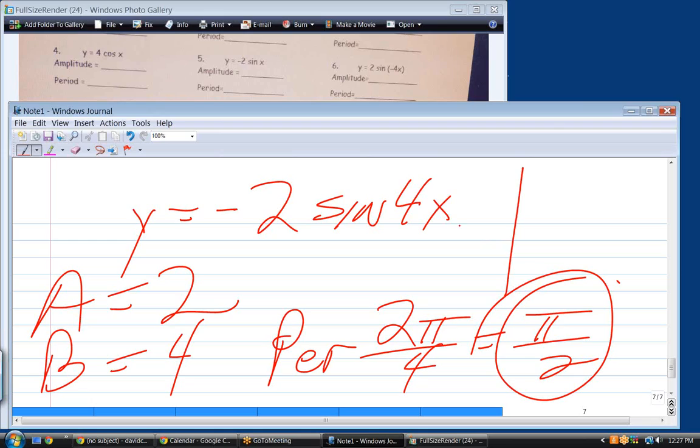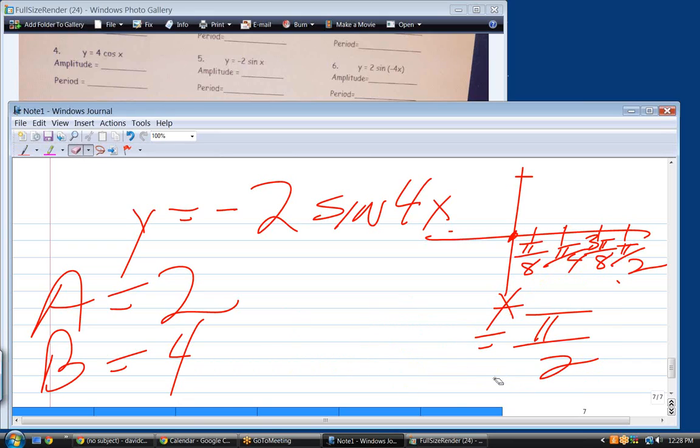And what that means is we've got to draw the entire curve between 0 and pi over 2. Which means we quarter it, and draw our points. In this case, it goes up to 2 and down to -2, and its first quarter point is right there.